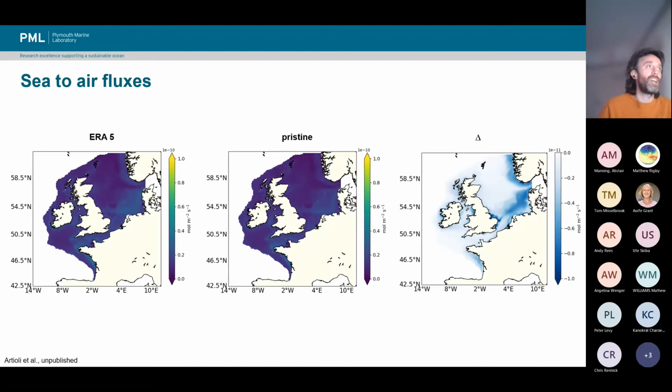So if you look at the difference, this time we're only comparing the ERA5 with the so-called pristine scenario. In this case, we only see a reduction of N2O emission to the atmosphere. It's again mostly in the coastal areas, but also in a wide part of the southeastern North Sea and in the Norwegian Trench.